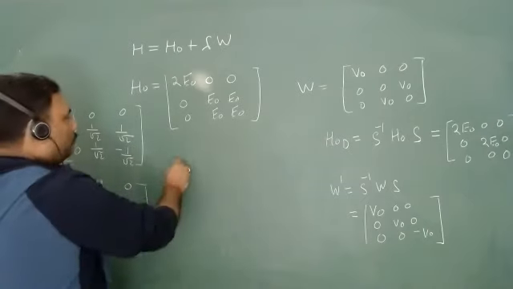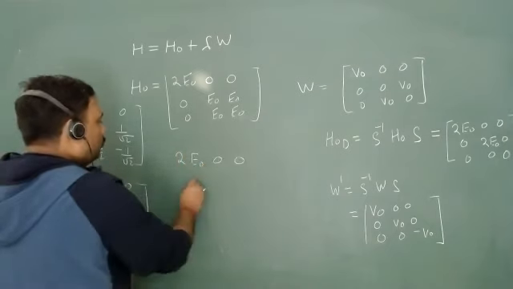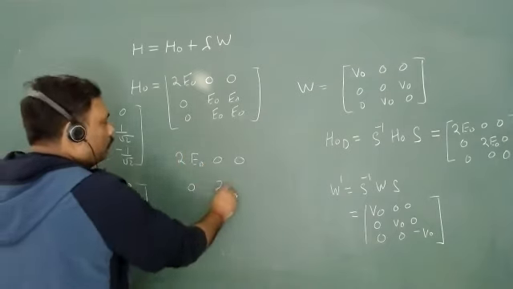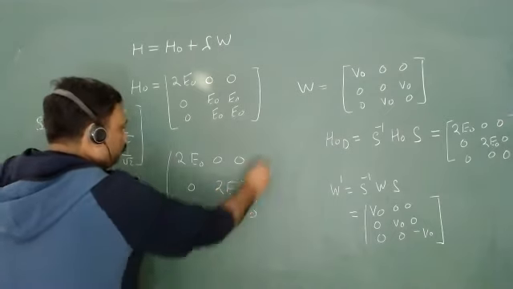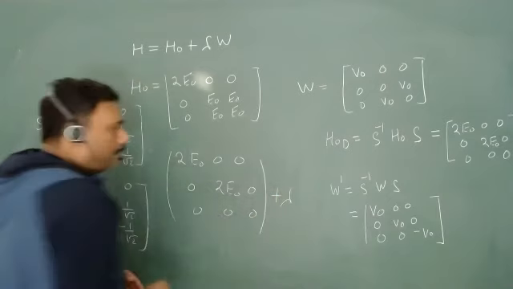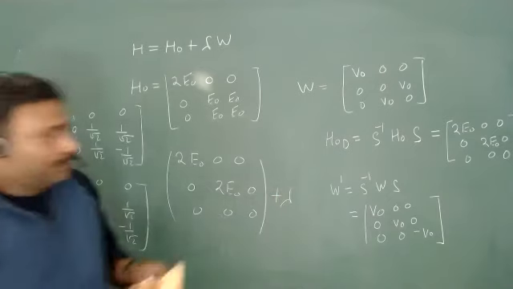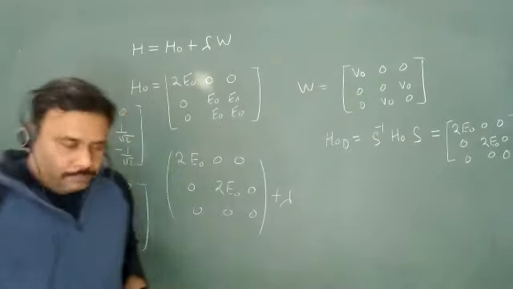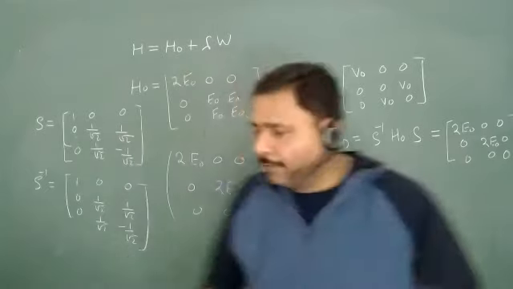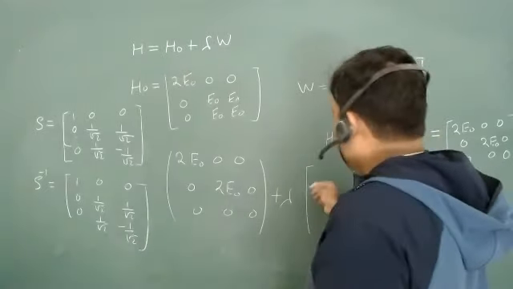So I have the diagonalized matrix H naught, 2 E naught 0 0, 2 E naught 0 0 0 0, plus lambda. I have basically this particular thing. Lambda is equal to mainly, what is this lambda?